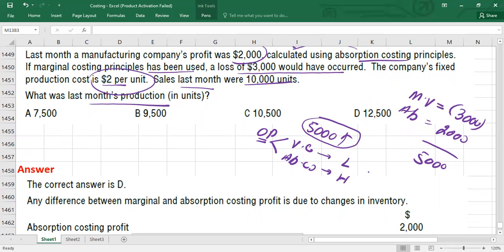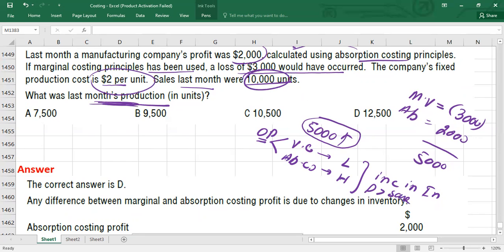Whenever absorption costing gives you higher profit, this is called an increase in inventory level. It is also called production being greater than sales. It means if sales are given, we need to add some part of the inventory and we will automatically reach the production units.